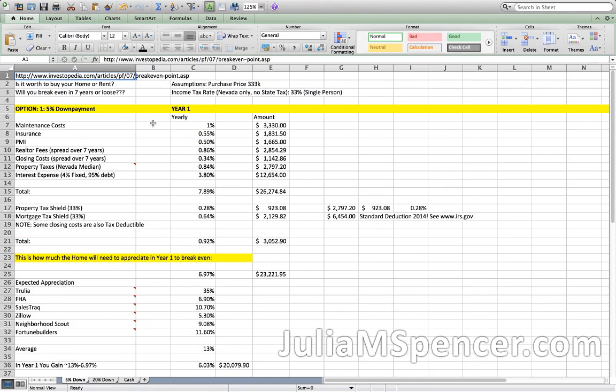Anyways, first option, 5% down, right here. Purchase price, we assumed it's $333K. Will you break even in 7 years or lose? Initially I had thought to put it out 7 years, but when I looked at the numbers, they're going to be essentially the same every year, and in the out years the variables become more variable.